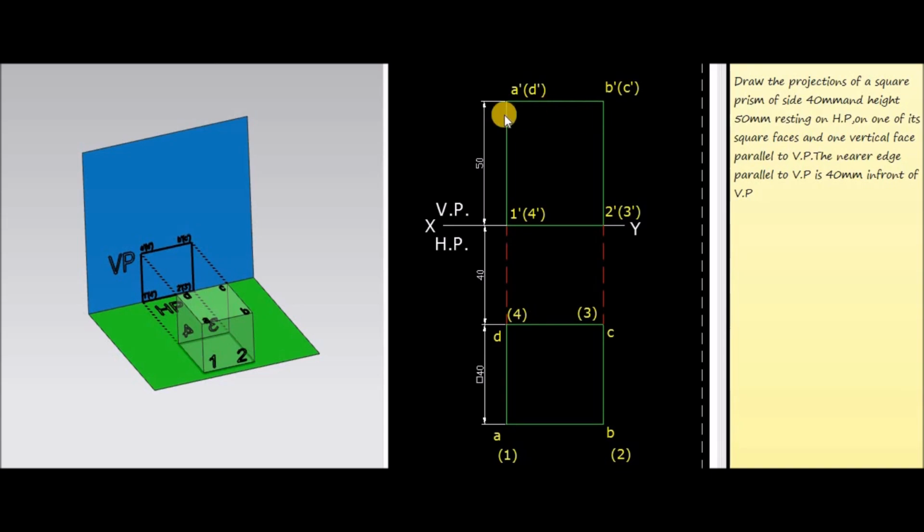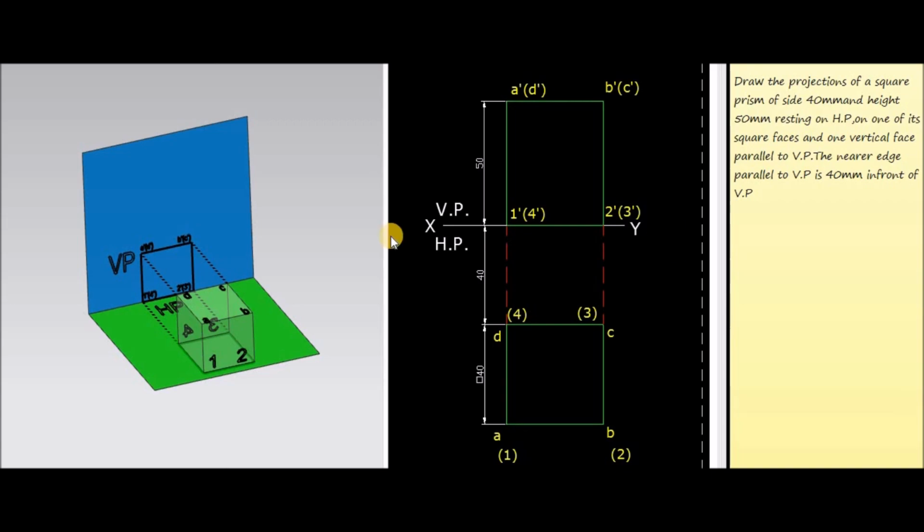Now join the points A dash, B dash, A dash 1 dash, B dash 2 dash, 1 dash 2 dash, and here 1 dash 2 dash, B dash, A dash will be the front view, or it has to be represented as 4 dash 3 dash C dash D dash. So this is the final two-dimensional drawing of the question.